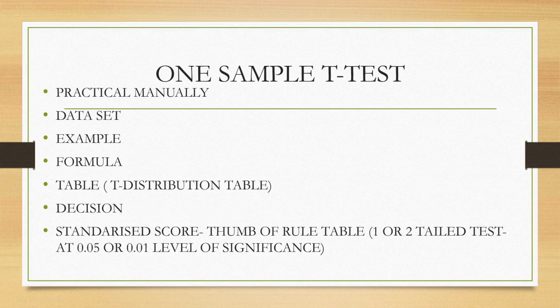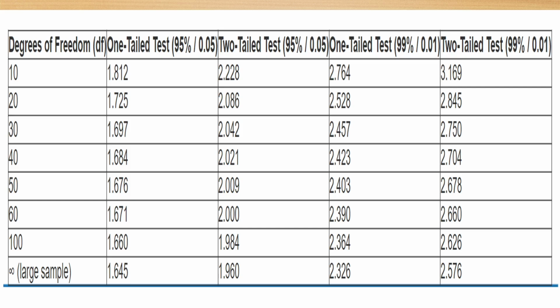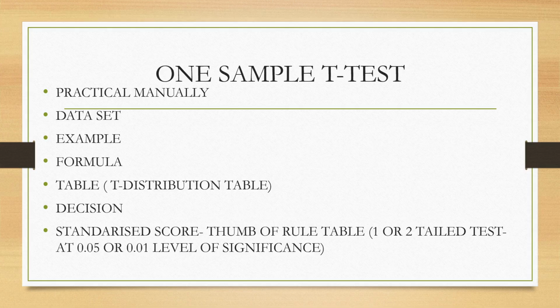There are some standardized score or rule-of-thumb tables for one tail test or two tail test, at the 0.05 level, that is 95% confidence, or the 0.01 level of significance, that is 99% confidence. I will show this below.